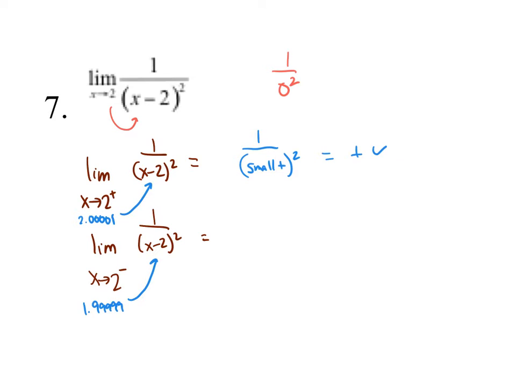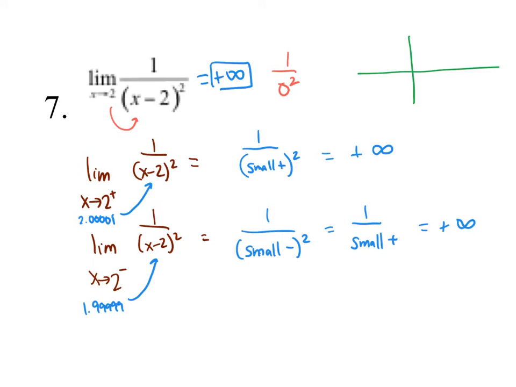So that's going to be positive infinity. Now when I plug in the 1.99999, I'm going to get 1 over a really, really small negative number squared. But when I square the negative, remember, I'm going to get 1 over a really, really small positive number, which is also positive infinity. So since both of these go to the same place, the limit is positive infinity.